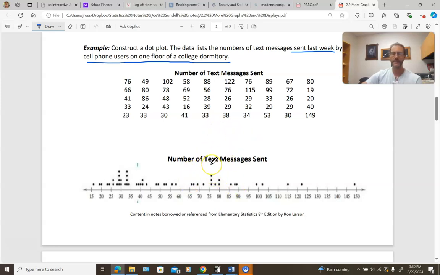So it's interesting because when you look at a graphical representation of data, you can see trends, and you can make inferences about what's happening.